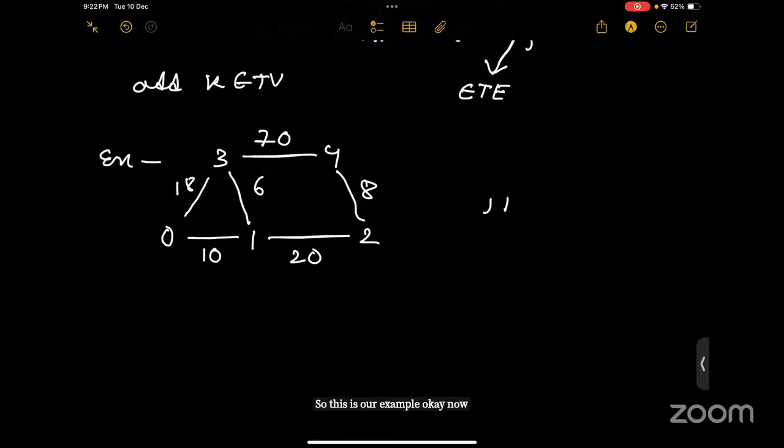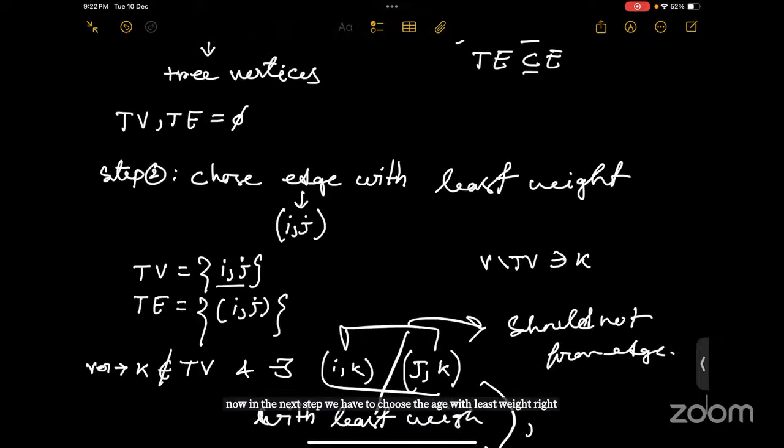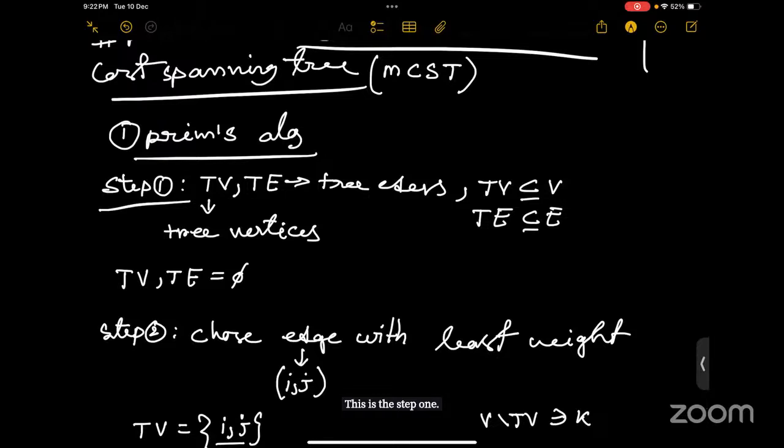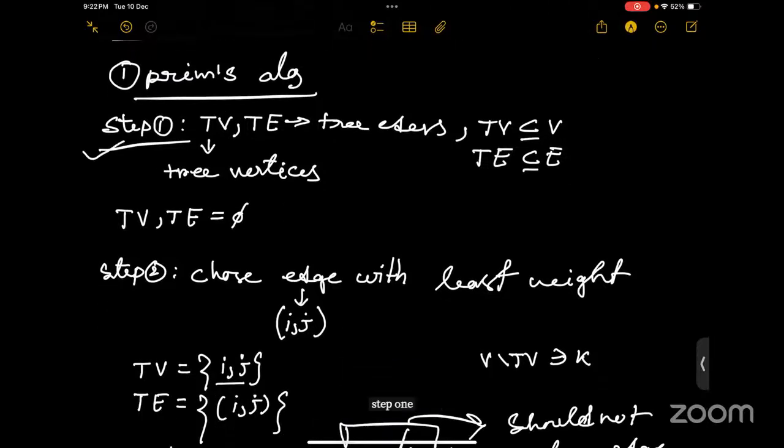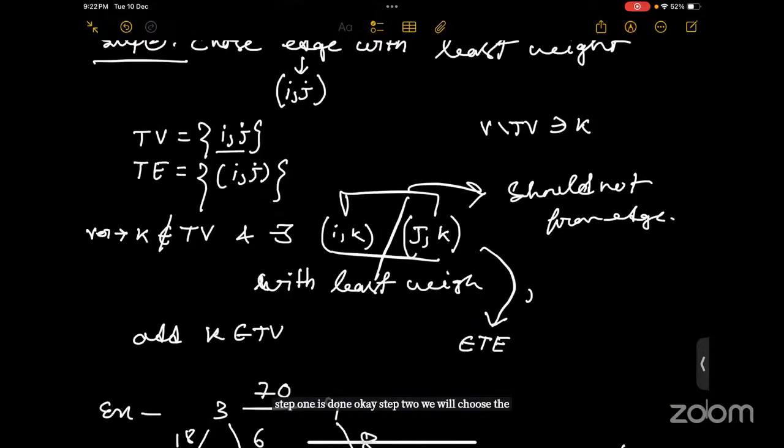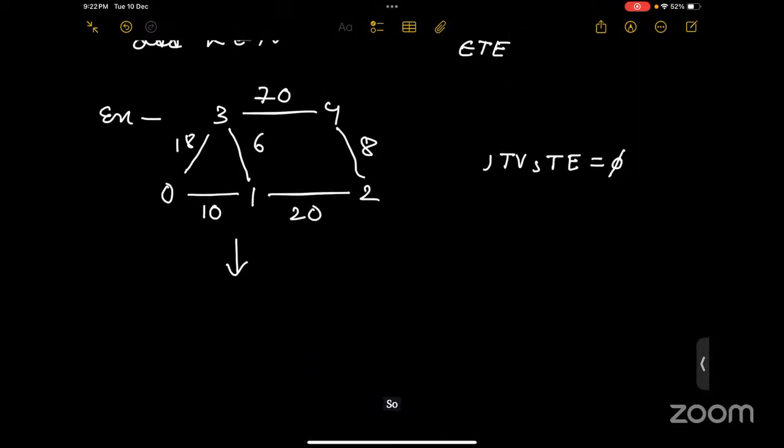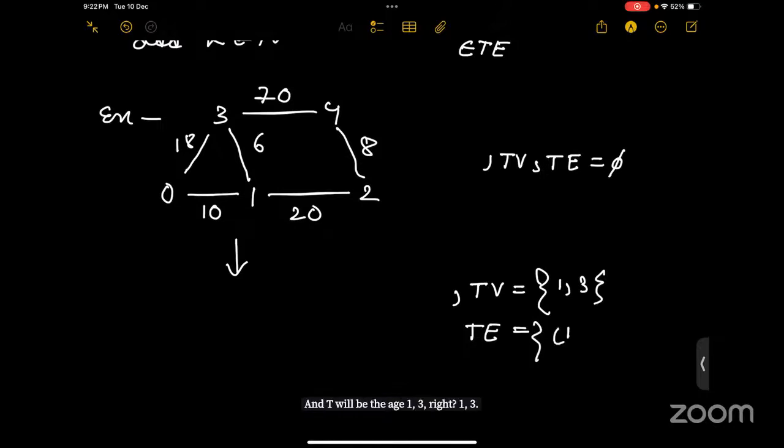Now our TV and TE are both empty. This is the initial step. In the next step, we have to choose the edge with least weight. Step 1 is done. In step 2, we will choose the edge with least weight. So what is the updated TV then? This is 1, 3. And TE will be the edge 1, 3, right?